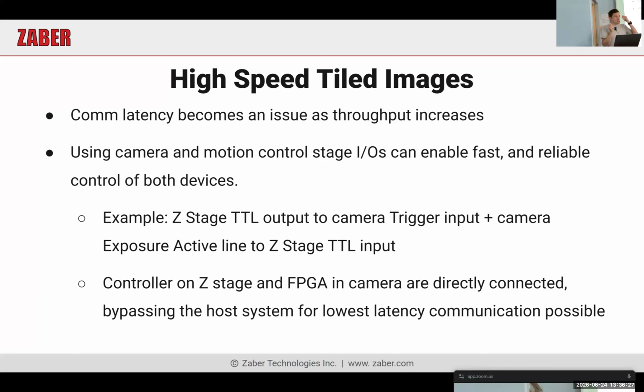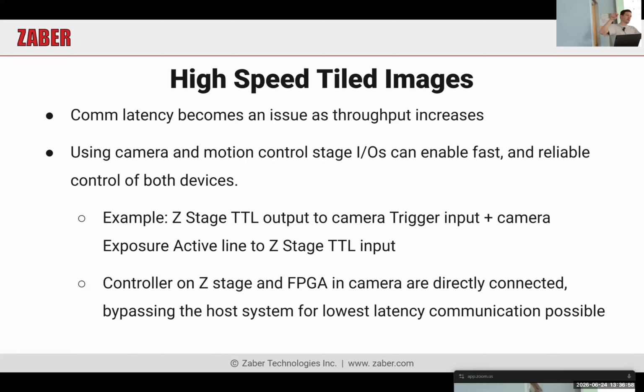So using those TTL triggers, a good example of this is if I wanted to do a high-speed Z stack through the focus of a sample, I would tie one I/O line on the focus stage to the camera, so that as soon as my focus stage has moved to its position and reports that it's settled, it triggers the camera to do the exposure.